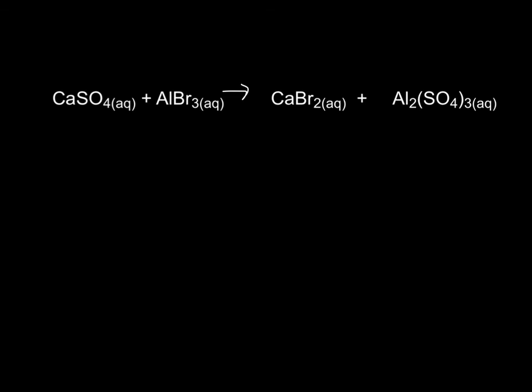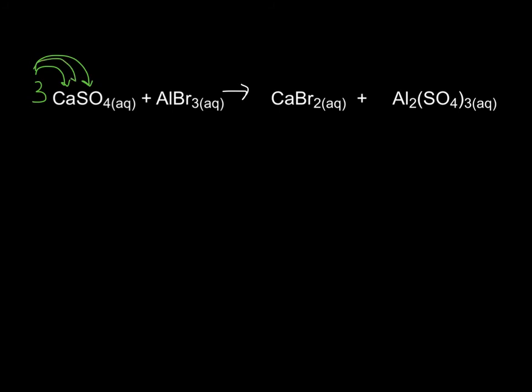So in order to rectify that, we need to place a 3 coefficient in front of the calcium sulfate. That will distribute in and not only give us 3 sulfate ions, but it will also give us 3 calcium ions.